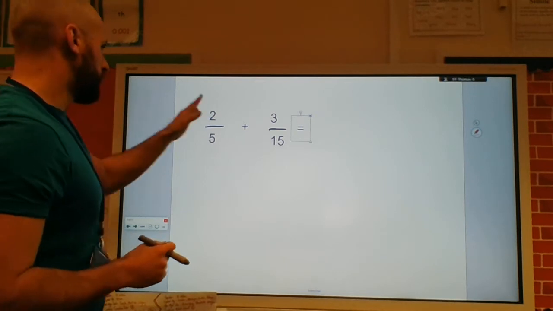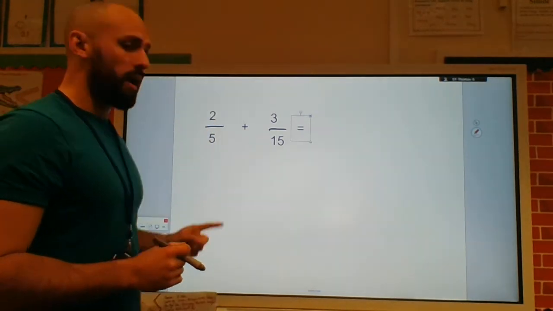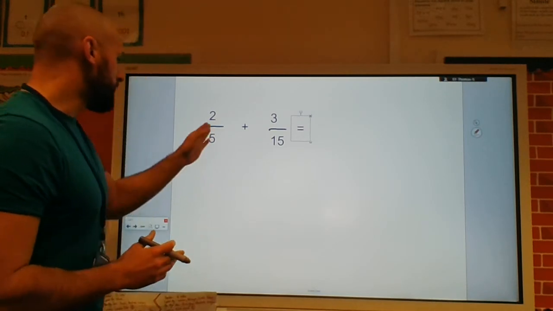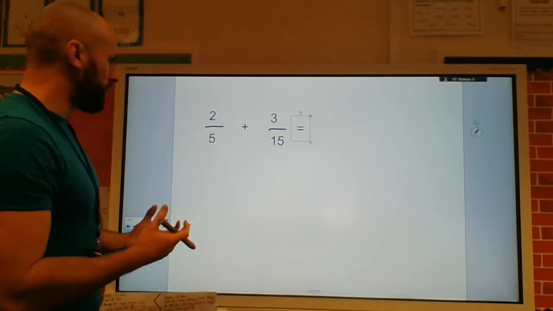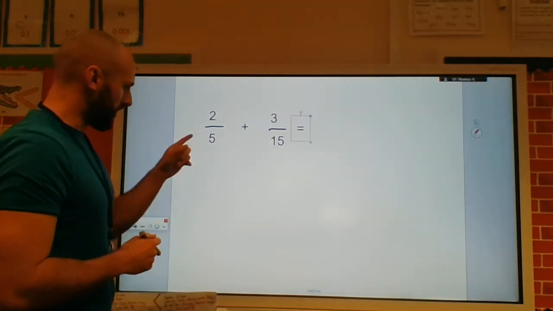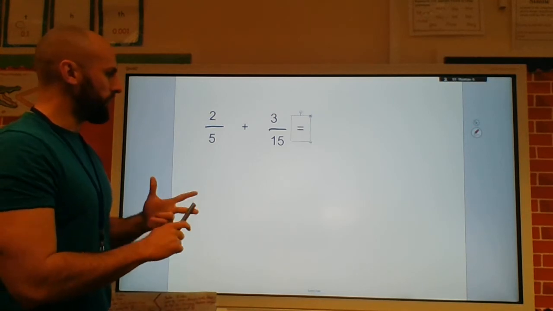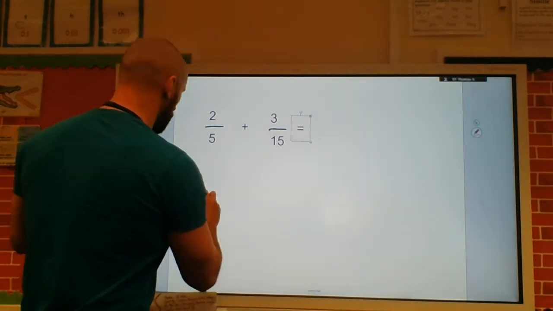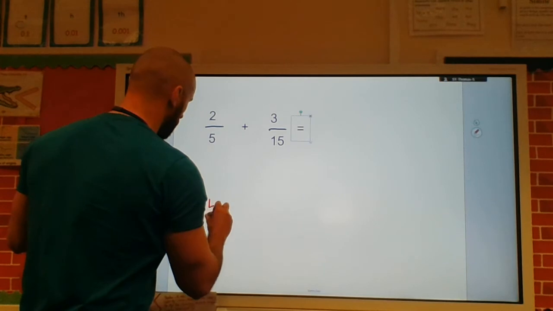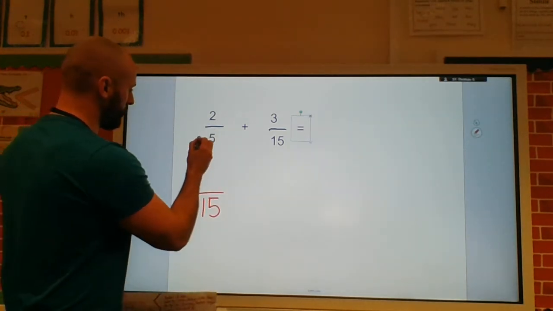Here now I've got 2/5 and 3/15. Well, they clearly have different denominators, so I need to again think about my times tables. What's a common denominator? So I think of my 5s, I think 5, 10, 15. I can use 15 as the common denominator here, as the equivalent fraction.